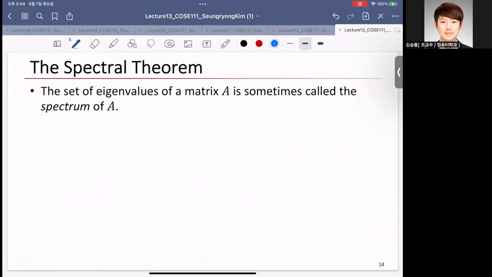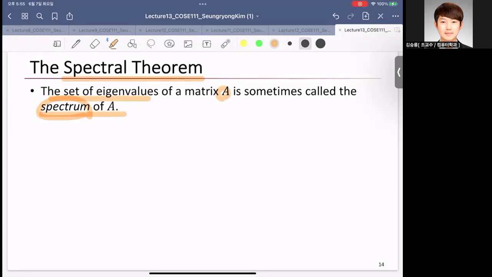No. Okay. In fact, this theorem is similarly related to the spectral theorem, or the set of the eigenvalues of matrix A is sometimes called the spectrum of the matrix A. So we just call this one a spectral theorem.